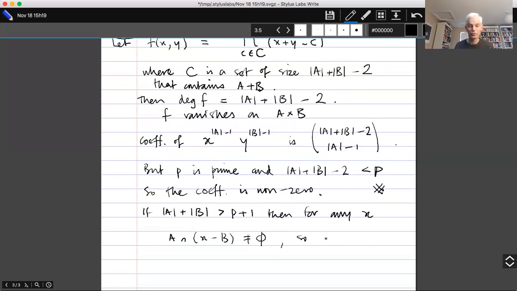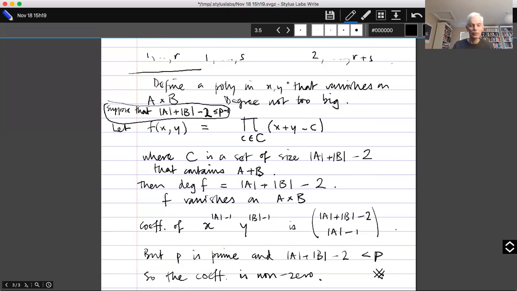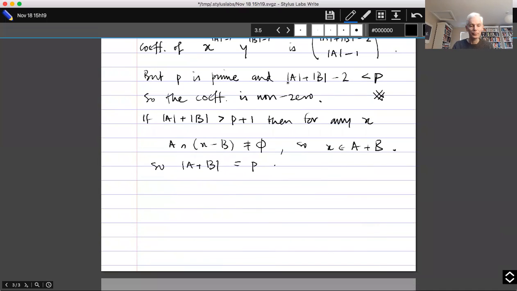So that implies that x belongs to A plus B. So in that case, we get that A plus B is everything. So A plus B has size p. So that's the other case: if the size of A and the size of B are too big, then we get everything there. Okay, so that proves the Cauchy-Davenport theorem using the Combinatorial Nullstellensatz.